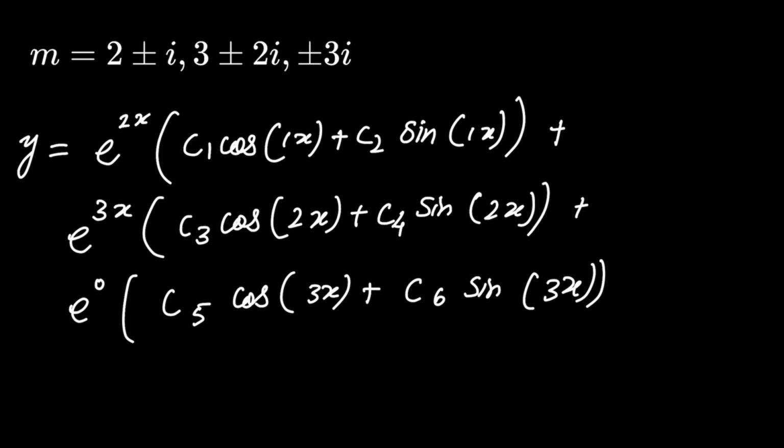You can notice that we were having 6 roots in total and 3 conjugate complex roots. So there are 6 arbitrary constants in this general solution.